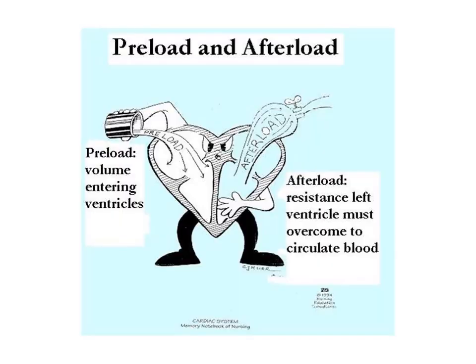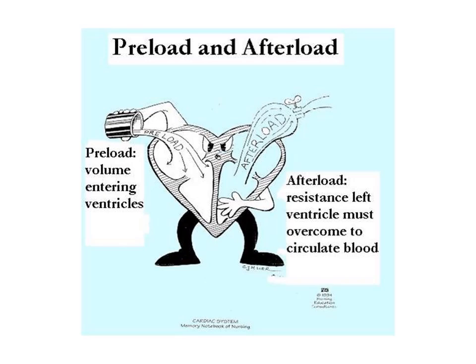Again, preload refers to the volume of blood entering the right side of the heart and the right ventricle, and Starling's law refers to this preload. With increasing preload, there's an increasing stretch on the ventricular wall of the right side of the heart, which will result in a stronger contraction.